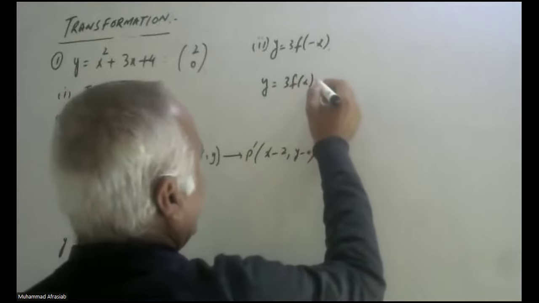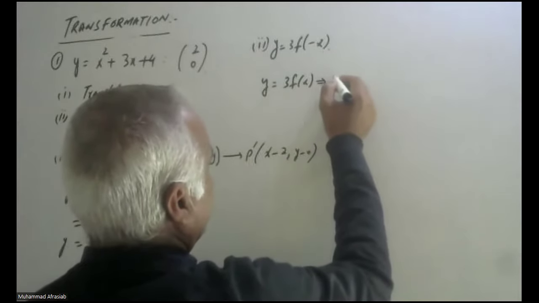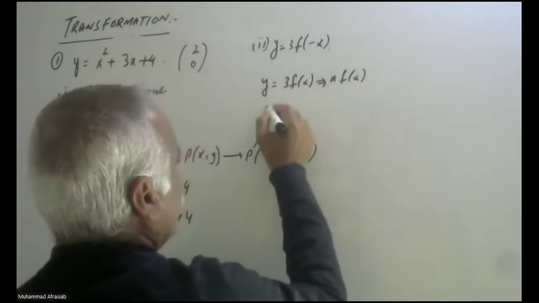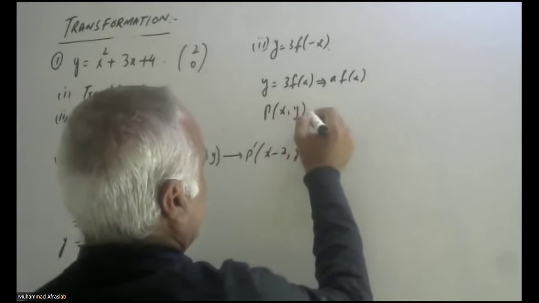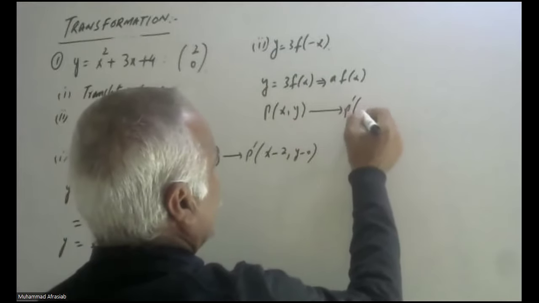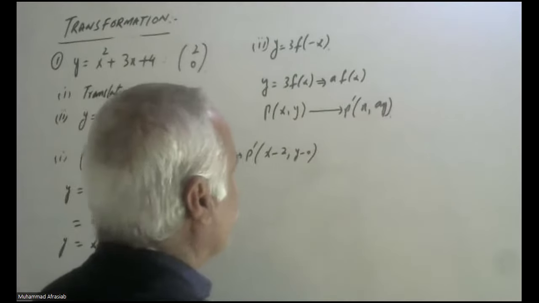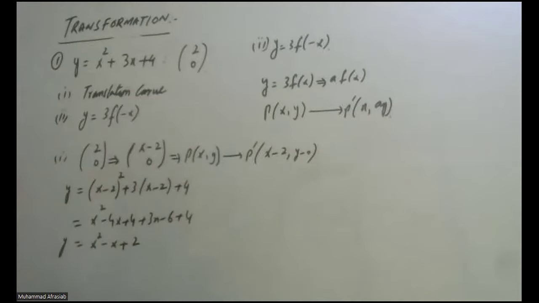This, in other words, means it is basically f of x transformed by (x, y) to (x, 3y). So in simple words, when 3 is multiplied outside the function, it is not a translation, it is a stretching with respect to the y-axis.